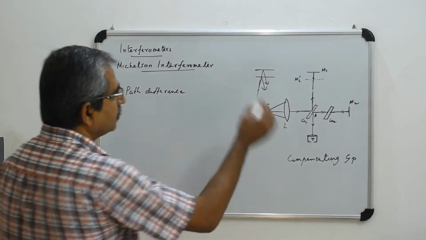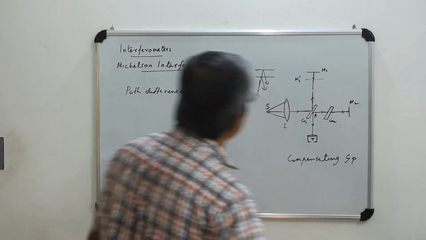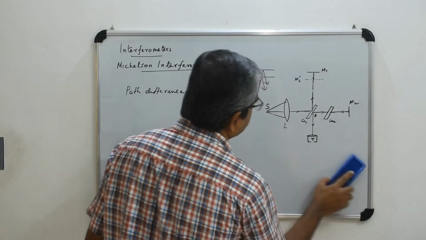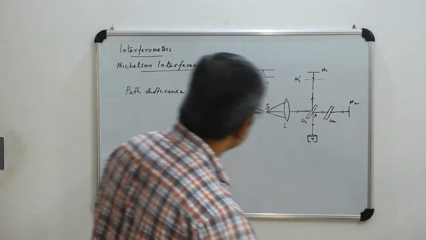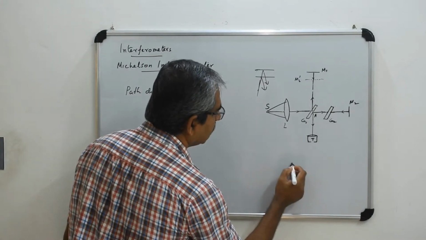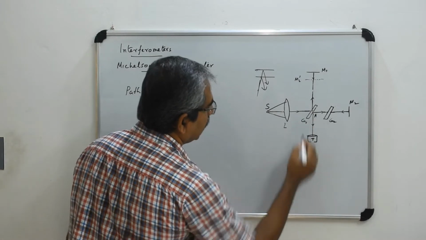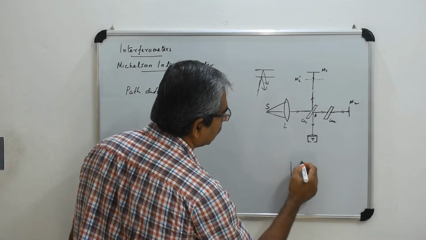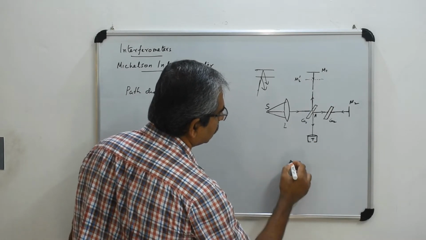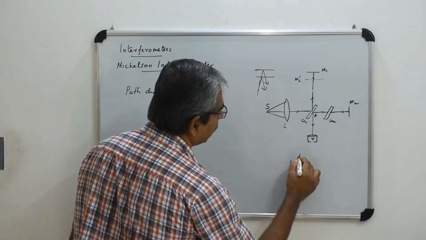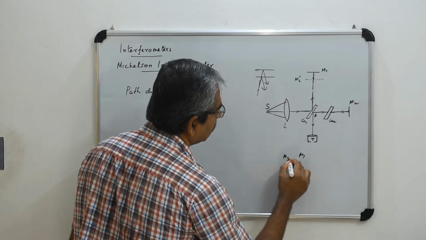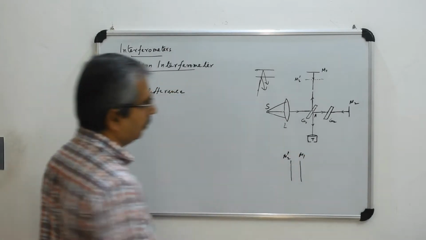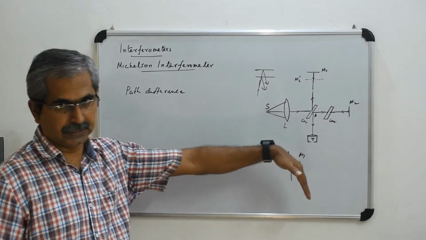Now say we have to calculate the path difference. Assume that I am drawing it like this. This is M2 dash and this is M1. The two mirrors are there.